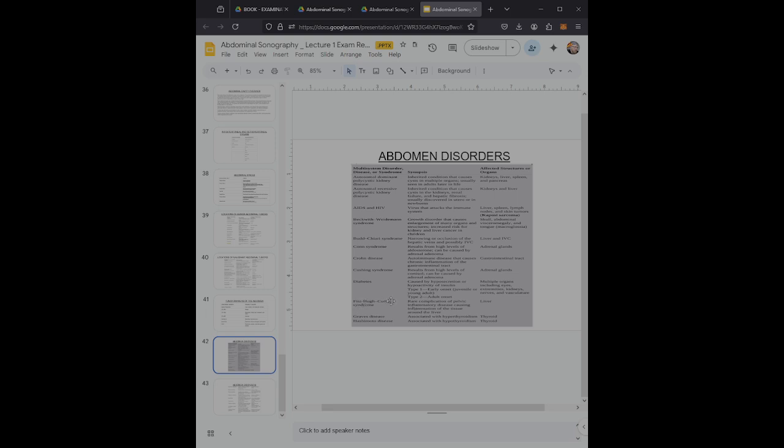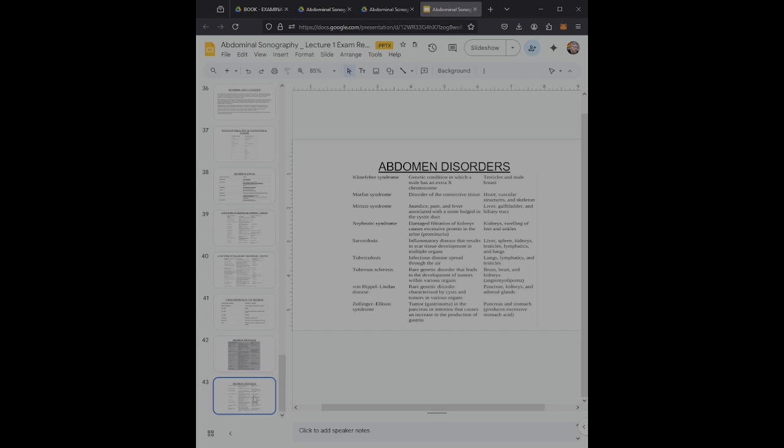Fitz-Hugh-Curtis syndrome, a rare complication of pelvic inflammatory disease, causing inflammation of the tissue around the liver, affecting the liver. Graves' disease, associated with hyperthyroidism. Hashimoto's disease, associated with hypothyroidism, both affect the thyroid.